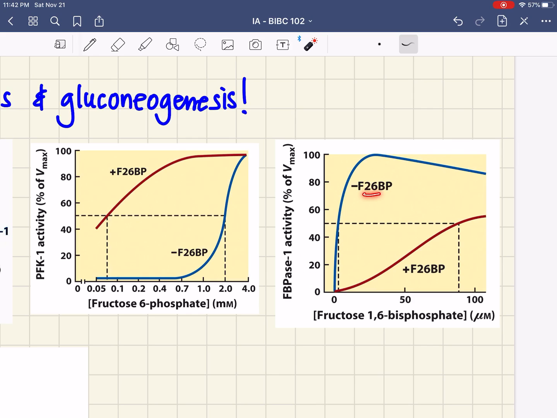But when there is no fructose 2,6-bisphosphate, because there is no or low glucose, then you see how the activity of fructose bisphosphatase 1, which is in gluconeogenesis, is activated. Okay, so hopefully you understand that when there is no fructose 2,6-bisphosphate, there's no glucose, so gluconeogenesis is favored. And when there is fructose 2,6-bisphosphate, then that means there is glucose and glycolysis is favored instead.